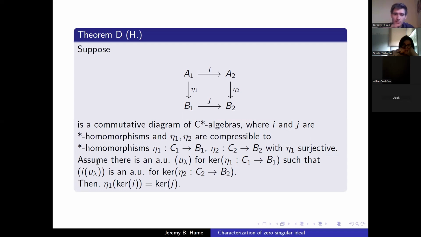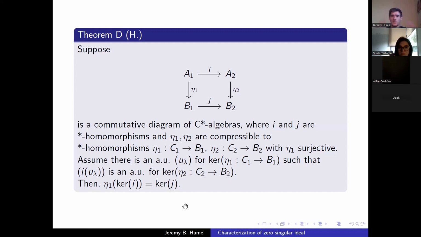Furthermore, assume that there's an approximate unit for the kernel of the compression of the first map, such that after applying I, you get an approximate unit for the kernel of the compression of the second map. Then you can show that the image of the kernel of I, which is an ideal, under the map eta 1 is equal to the kernel of J.